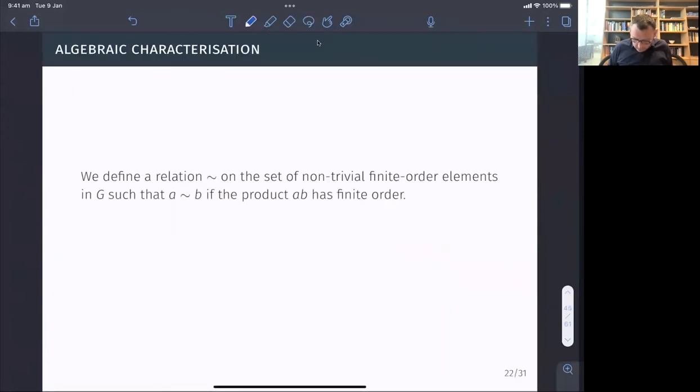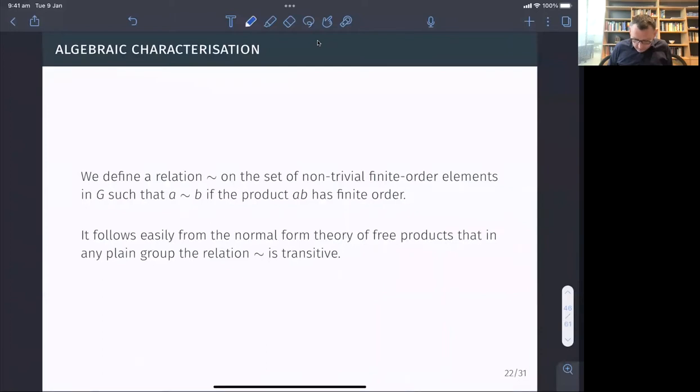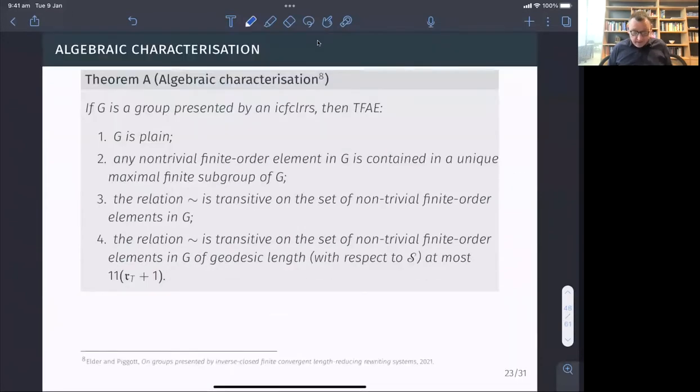I will not have time, but I'll do one last thing. This is the key to our algorithm. It's a result by myself and Adam in a previous paper, giving a characterization of being plane. G is plane if and only if a relation, which I defined and didn't show you, defined on the set of non-trivial finite order elements, is transitive on just a finite collection of words.